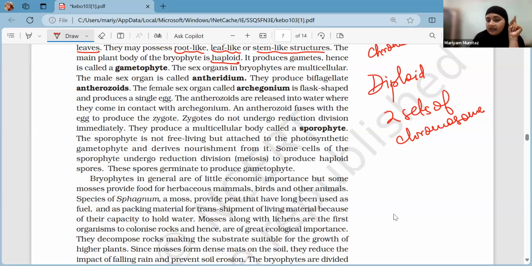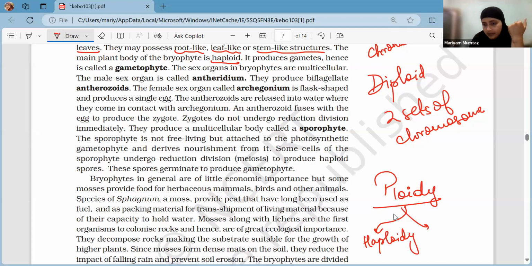All of these come under one thing, that is ploidy. Ploidy is how many sets of chromosomes a cell has. So the ploidy can be haploidy, diploidy, triploidy, and polyploidy. Clear? These are the ploidy levels.